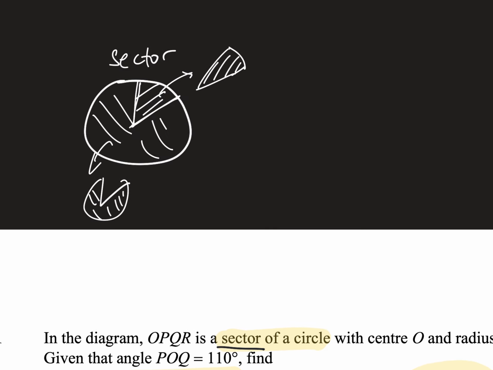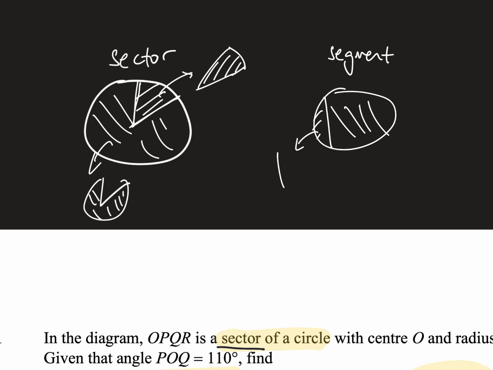What people usually compare this with is a segment. What is a segment of a circle? If you have a circle and you cut it not from the center, but from the circumference out, then what you get is two segments. This is one segment, right? And this is another segment.